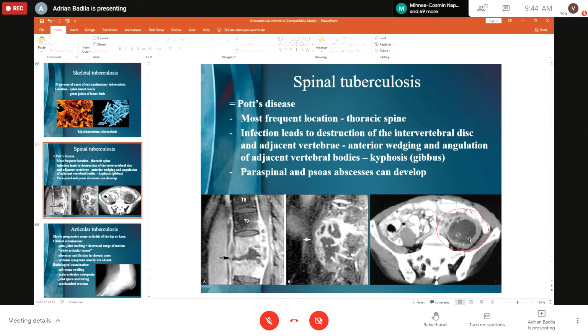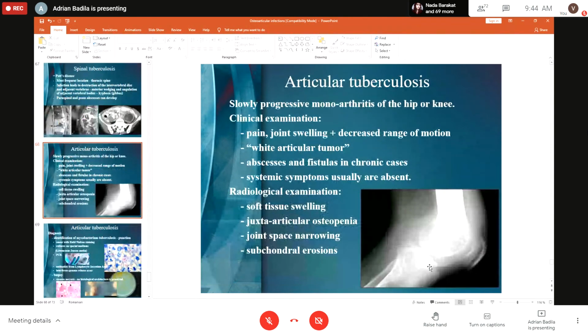On the right, you have another image from a CT scan, and in the red circle, you can see a paraspinal abscess, an abscess which is located right on the spine in the psoas muscle. That was the spinal tuberculosis.